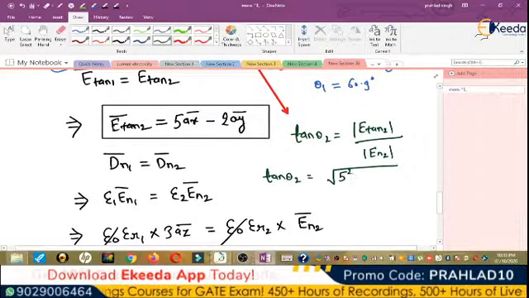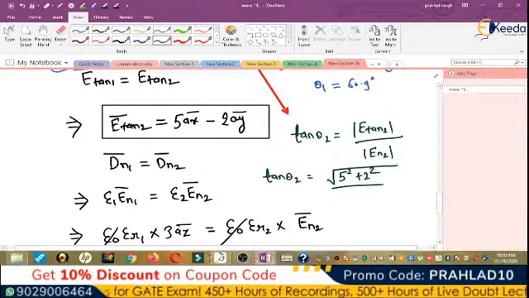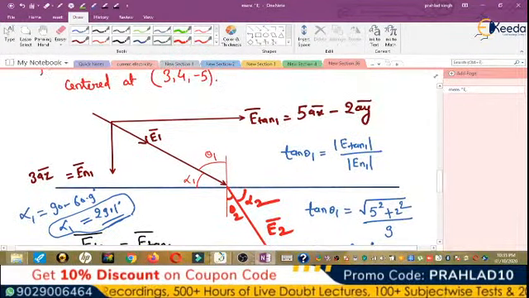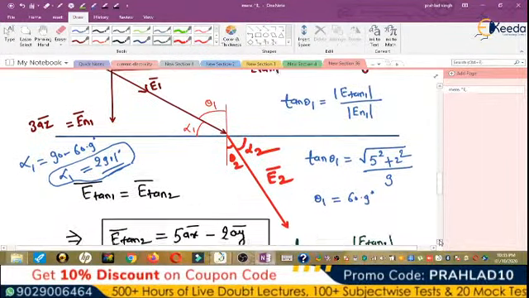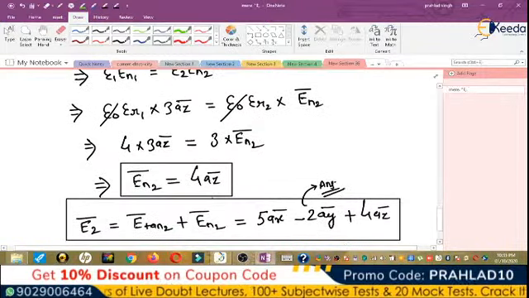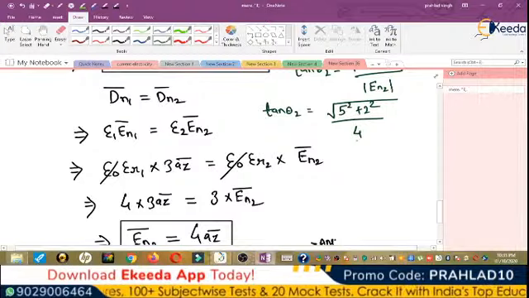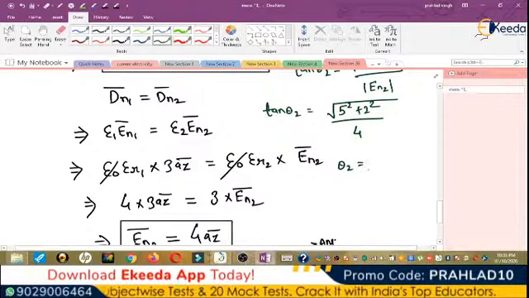It is square root of 5 square plus 2 square, divided by 4, right? Because E n2 is 4 here, that we calculated, so we'll put here 4. So we'll get the value of theta 2 from here.